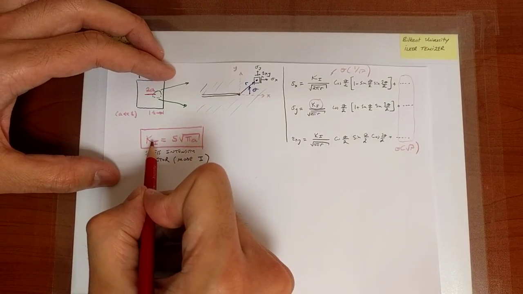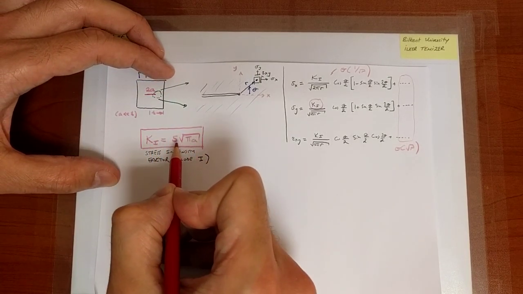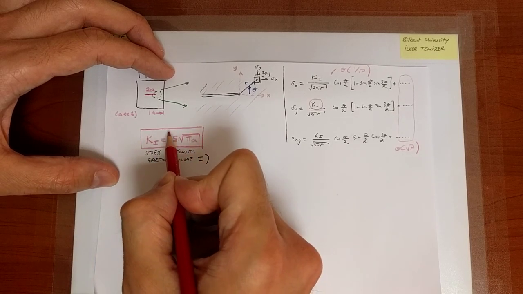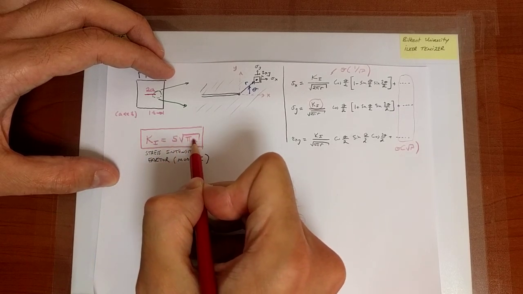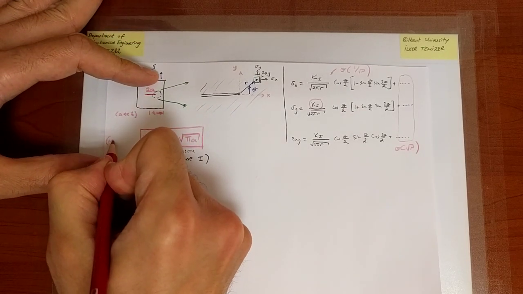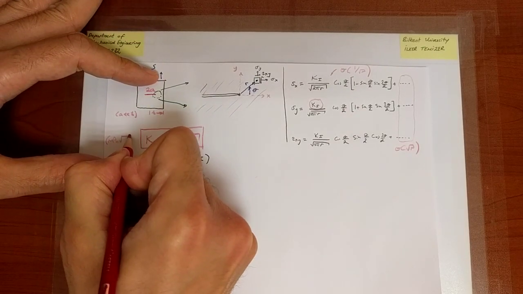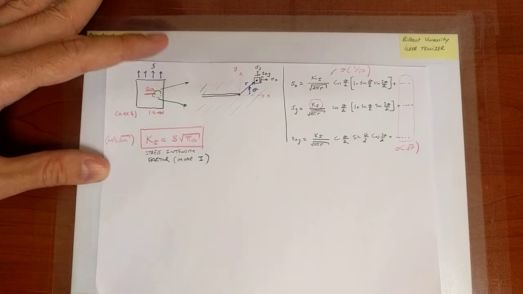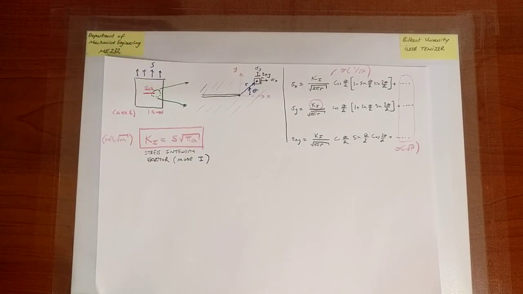So let's have a look at the units of K1 because it is strange. It has megapascals and square root dimension of meters, so it has units MPa square root m. Okay. Also keep that in mind, right?